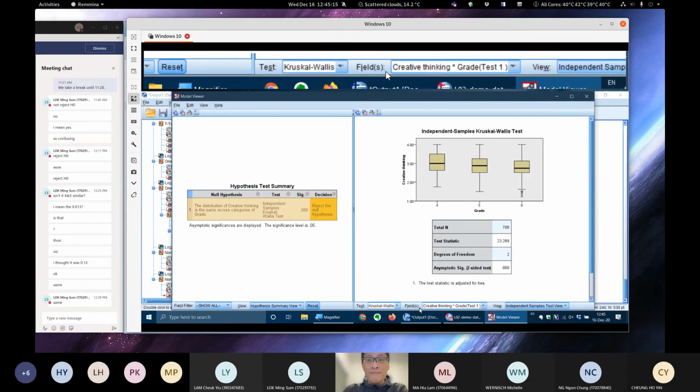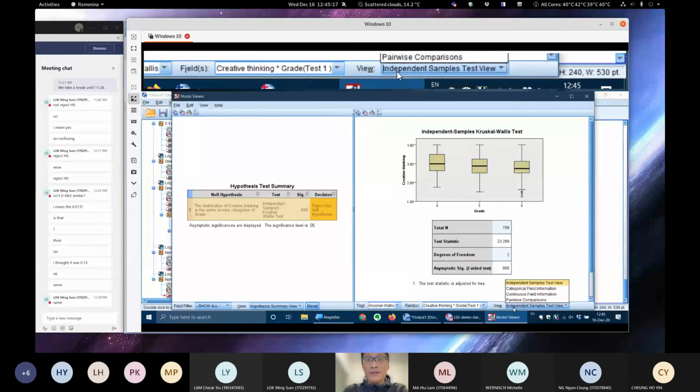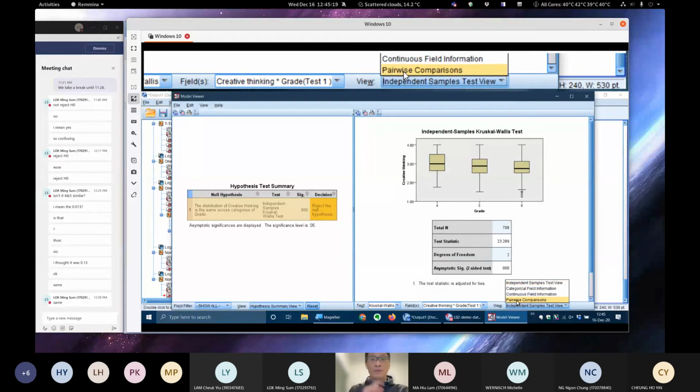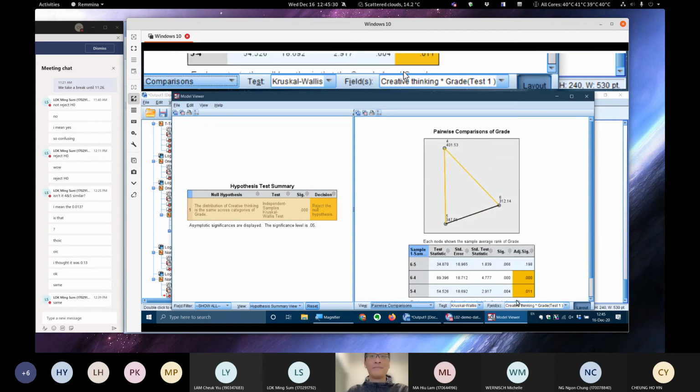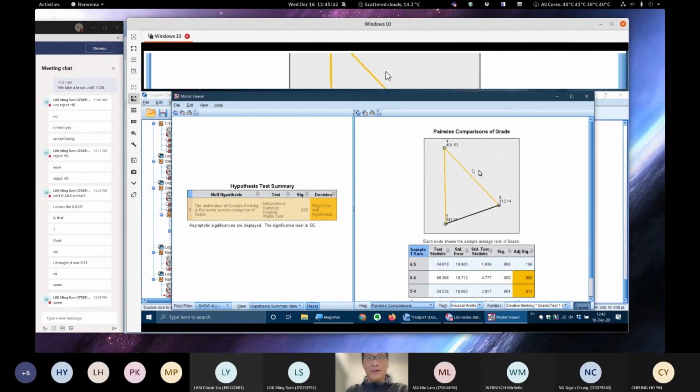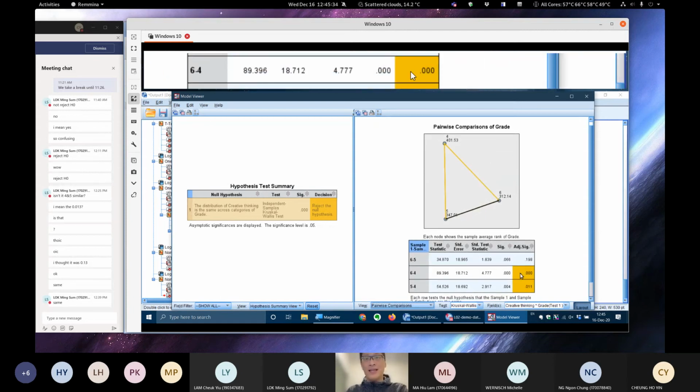Now, down here, in the view option, there is one option called pairwise comparison. This one is available when you have more than two groups. So I click on the pairwise comparison. You can ignore this chart here. Just look at the table. This is the post-hoc test in the non-parametric test.